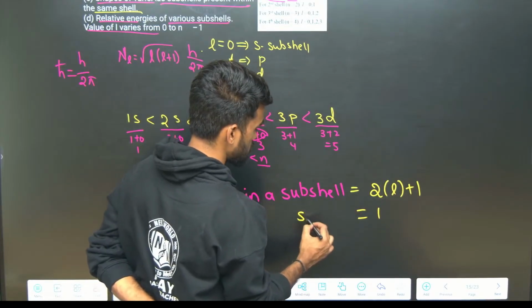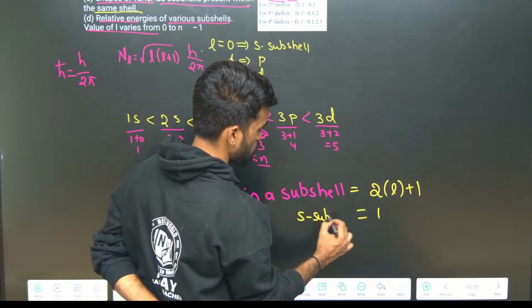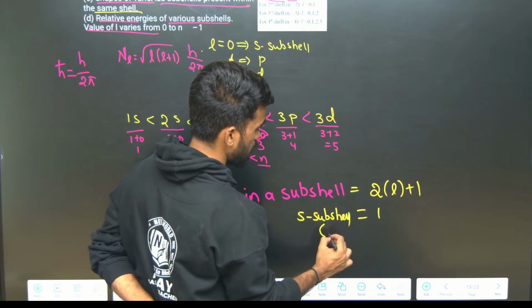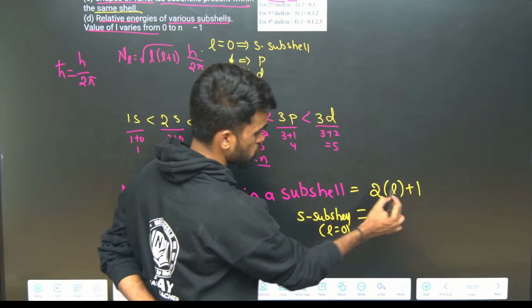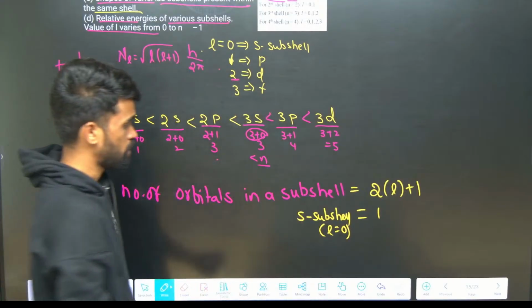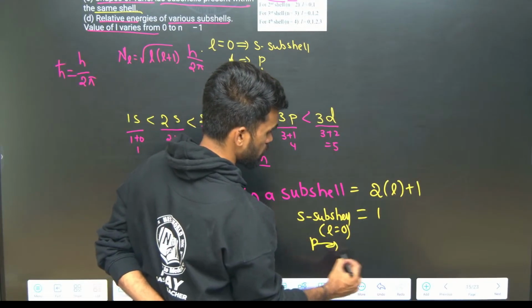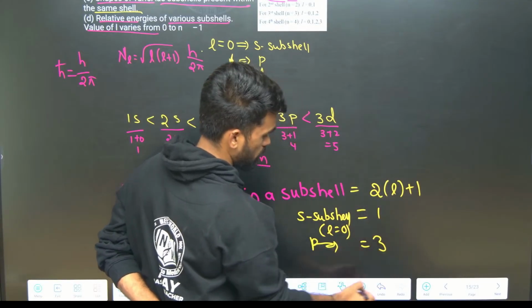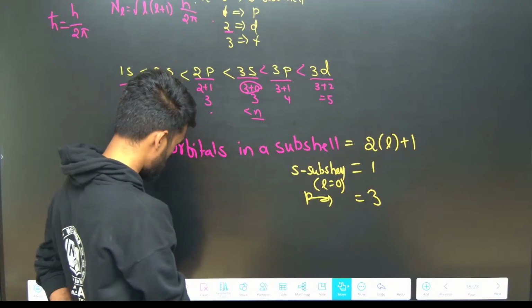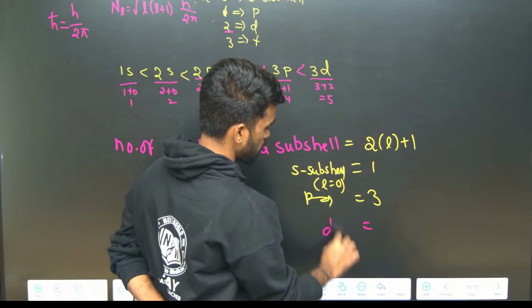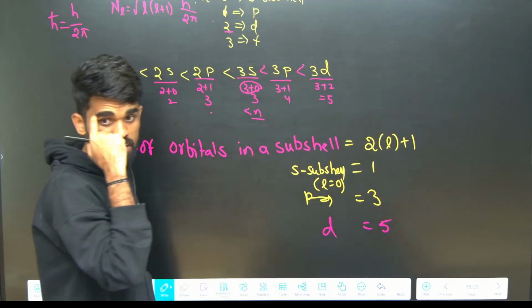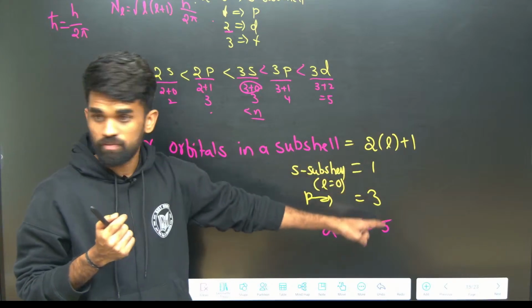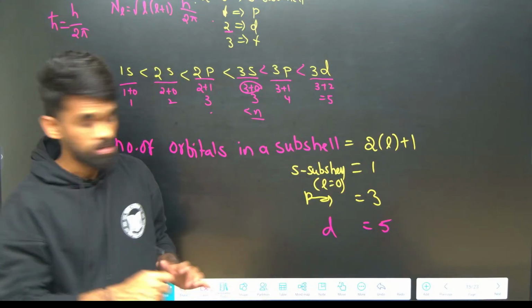For s subshell, l is 0, so number of orbitals will be 1. For p, 2 into 1 plus 1, so 3 p orbitals. Next for d, 2 into 2 plus 1, 5. We already discussed 1, 3, 5. Just remember odd numbers. Okay. Next.